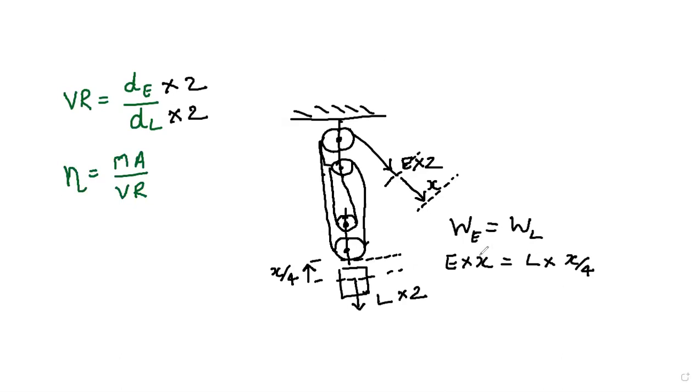Right? Only then the work done on both sides are going to be equal, because the load is going to be 4 times that of effort. So that's another way in which you can work out that the velocity ratio is going to remain exactly the same. So these are roughly the two arguments to know why the velocity ratio does not change if you double the load.